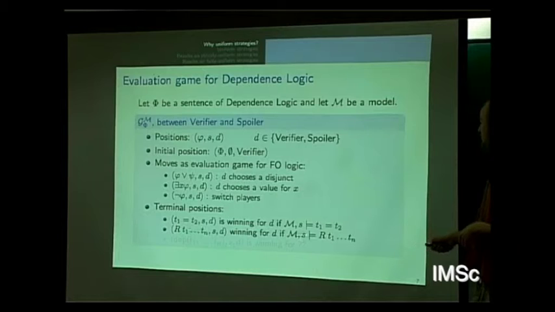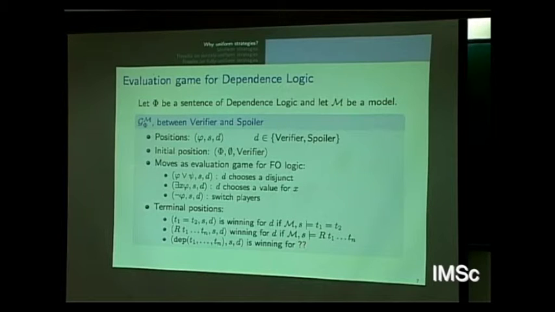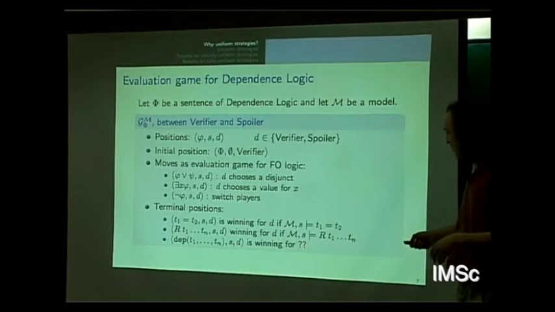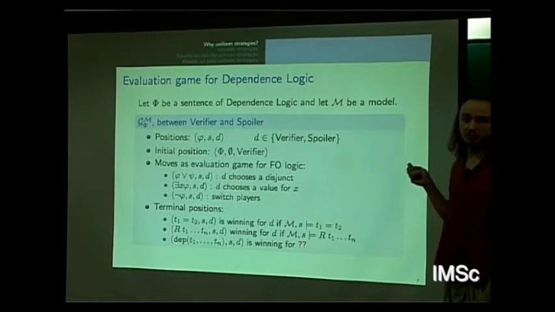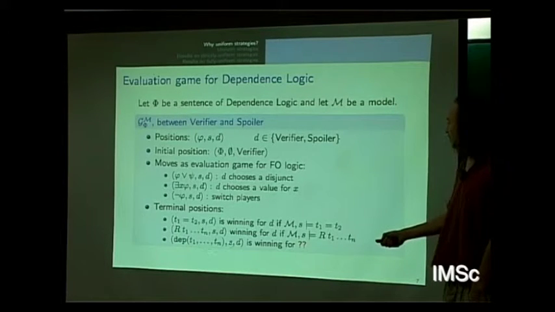The same for a relation. But the problem is that when you want to add dependency atoms for dependence logic, then in such a terminal position, you cannot define who wins in this position. Because as we saw, you cannot define the semantics of this formula in a single assignment.